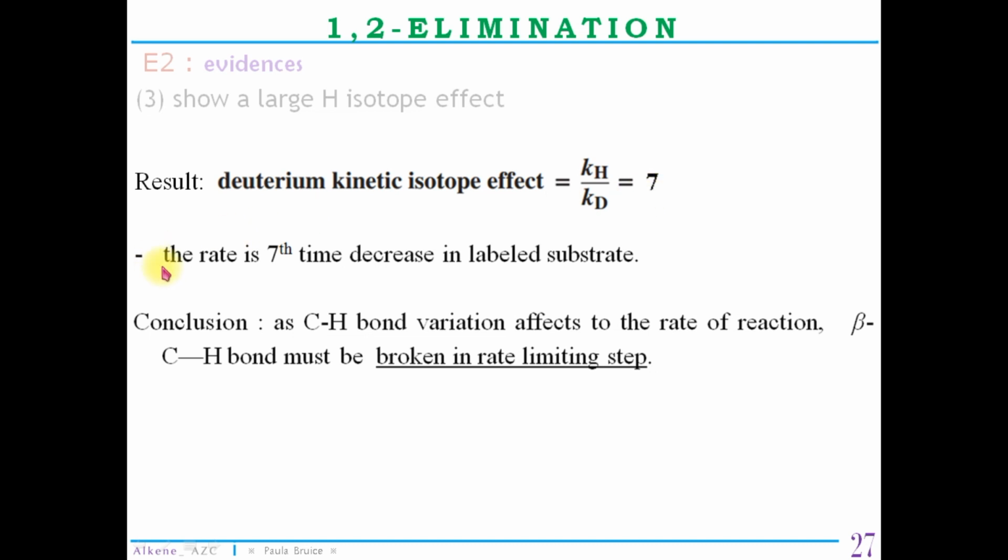That means the rate is decreased 7 times in the labeled substrate. The conclusion was, as carbon-hydrogen bond variation affects the rate of reaction, this beta carbon-hydrogen bond must be broken in the rate limiting step.